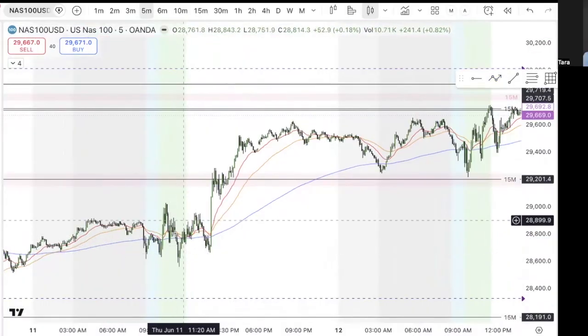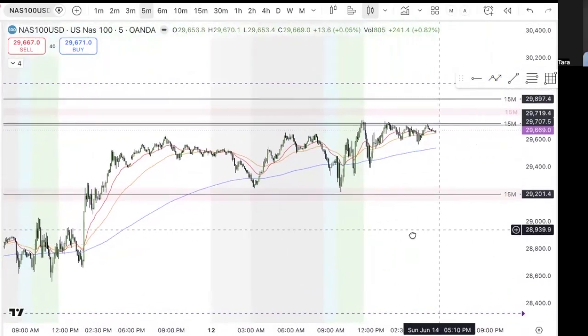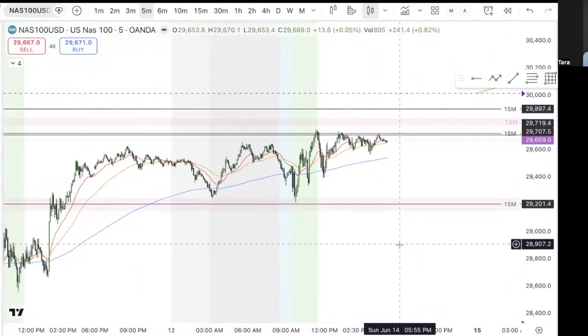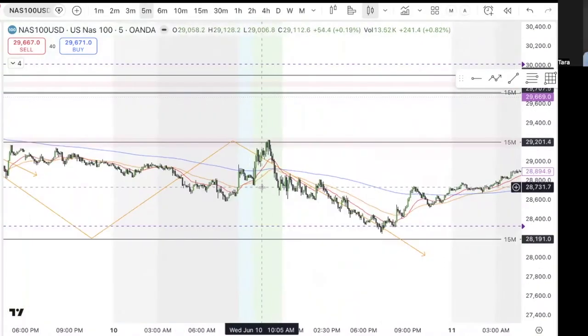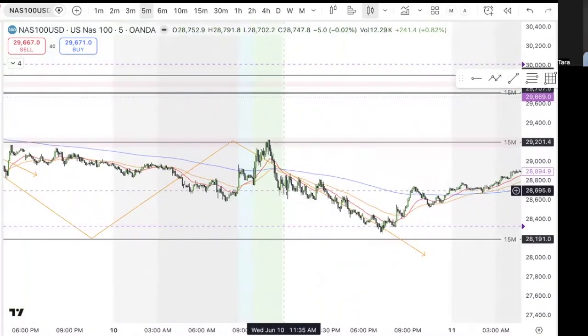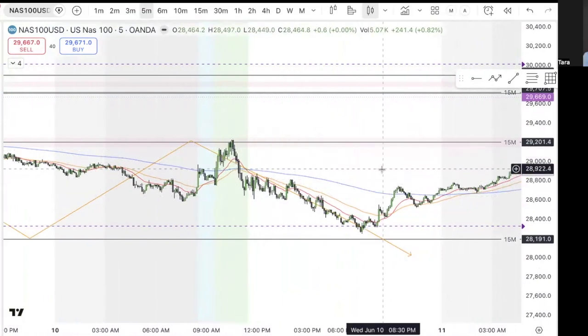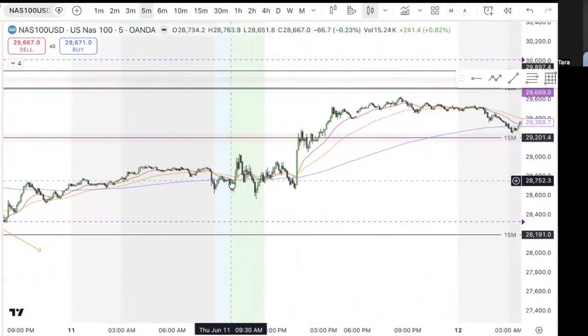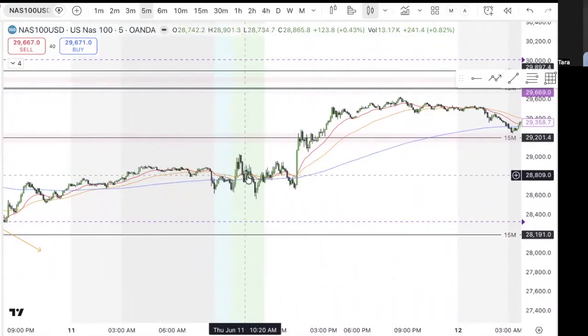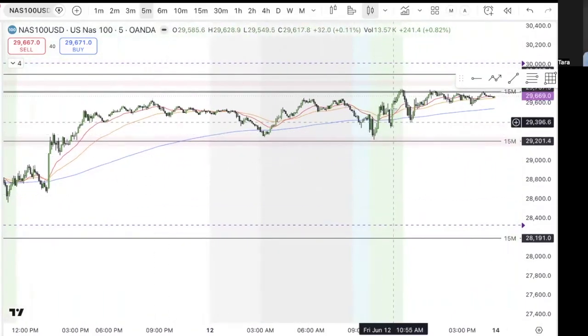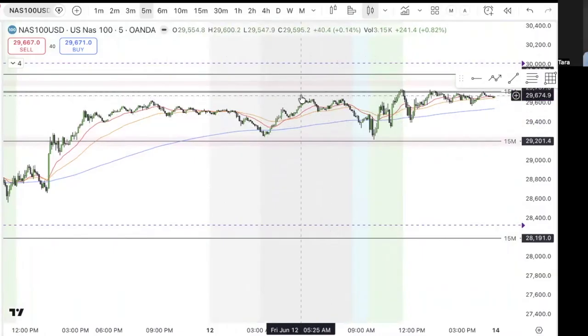We know Thursday was a rather rangy kind of day, and then also Friday was pretty range bound. During my trading time anyway, between 9:30 and 11:30 or 12, I kind of stayed in this area. And the same for Thursday and Friday. So we never really left.